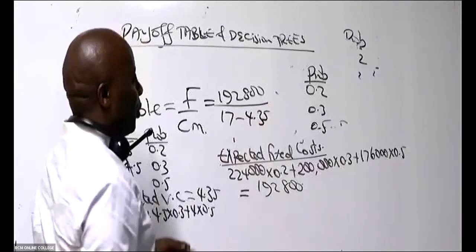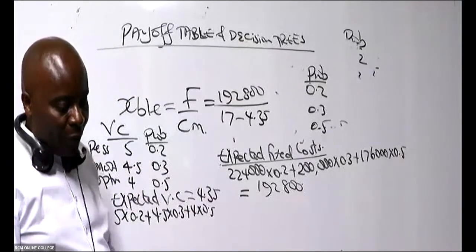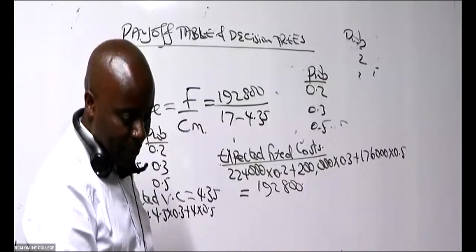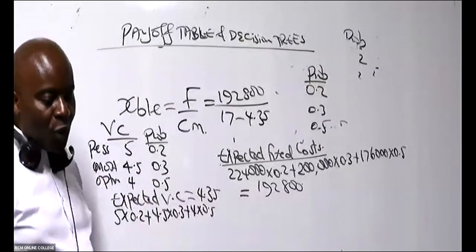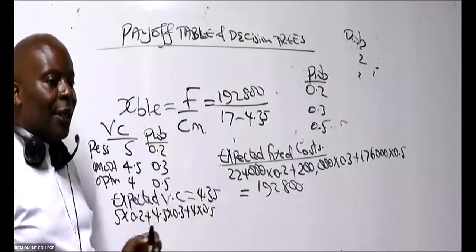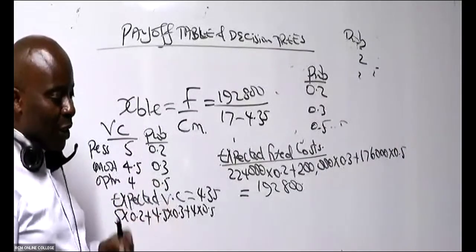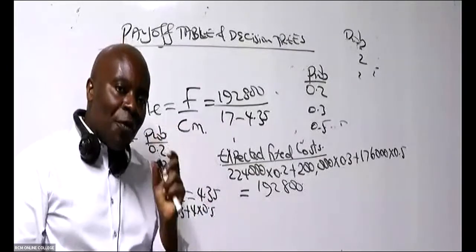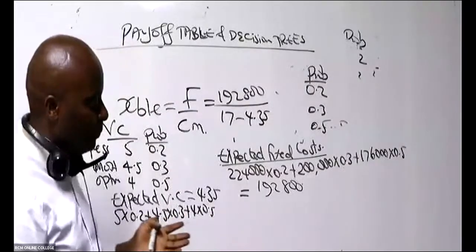Is there somebody who is able to give us an answer now? 15,241. That is what you needed to have done to get the break-even quantity. The examiner was a little bit tricky, but that's okay. We had to average the fixed cost and we had to average the variable cost. That's the only difference there.